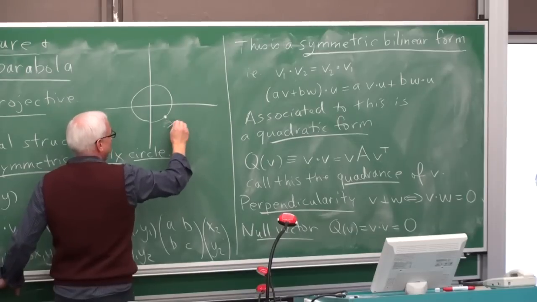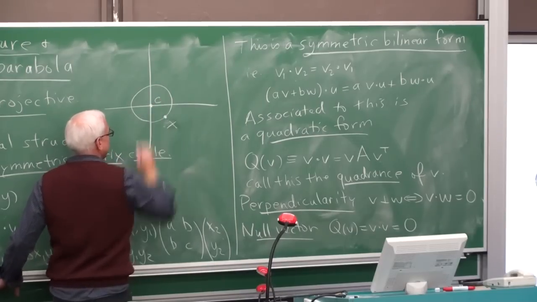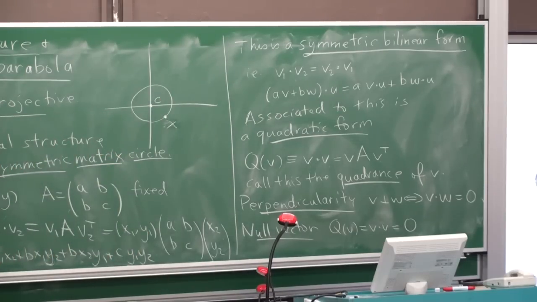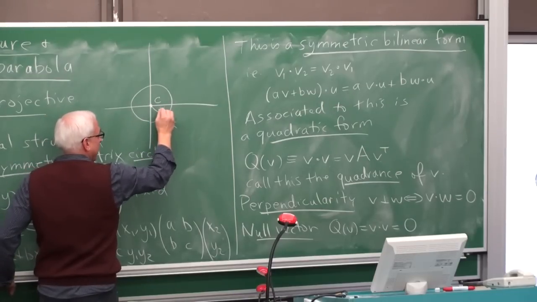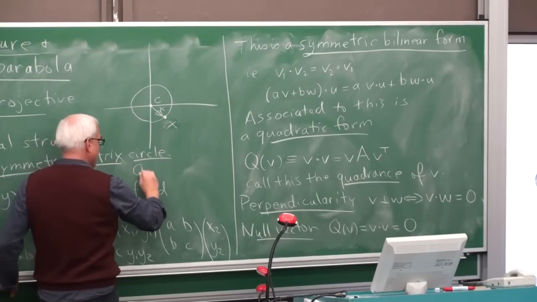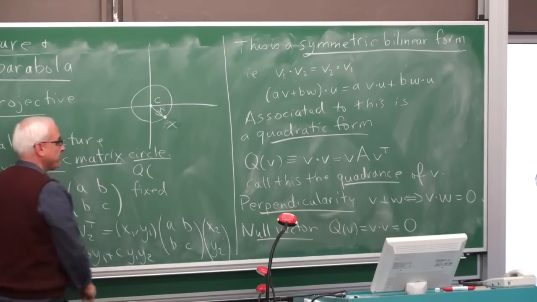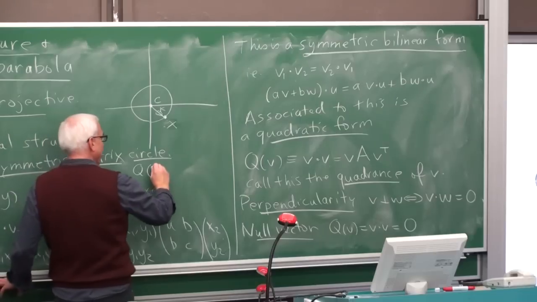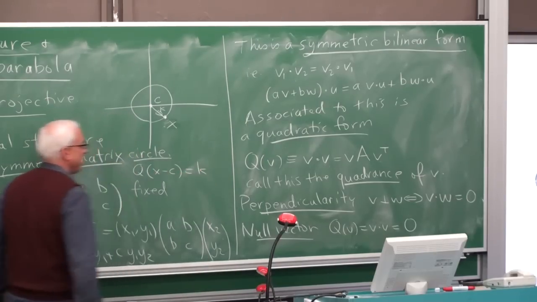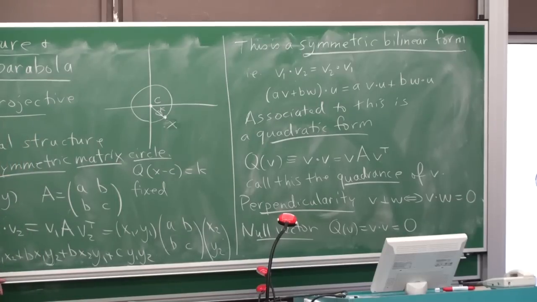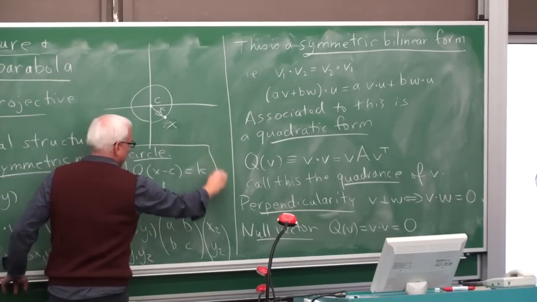Now suppose we have some variable vector x and some fixed point c. It doesn't have to be the origin, it can be wherever we want, and some fixed number k. Then the equation quadrance of the vector x minus c equals k defines a circle.